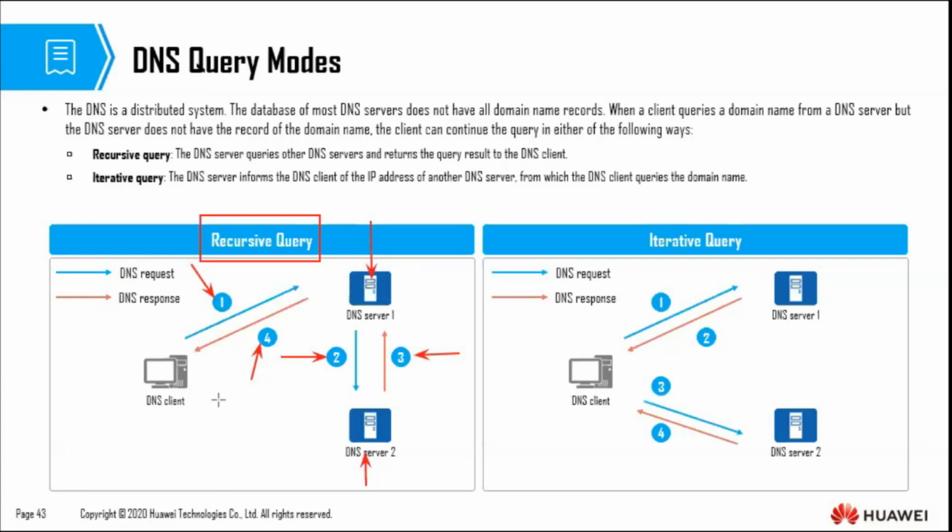So that's recursive. Let's see iterative. How different is iterative? Which example can I give? I'm trying to find an analogy. With iterative, you ask your friend. So this is your friend, DNS server 1.